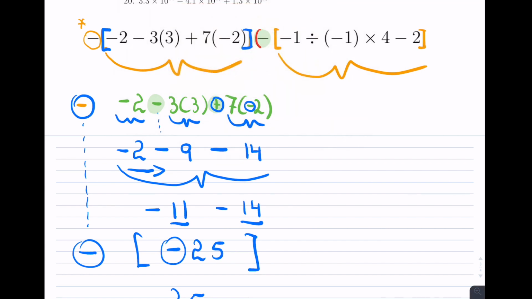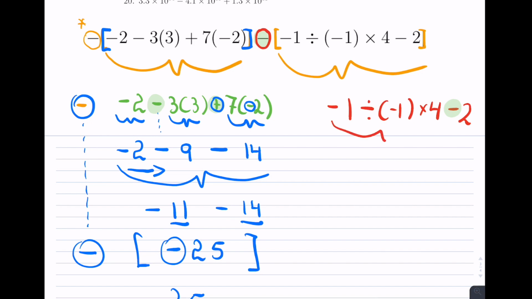Again, I worry about this negative later. So I have negative 1 divided by negative 1 times 4 minus 2. In this case, I'm highlighting the subtraction.